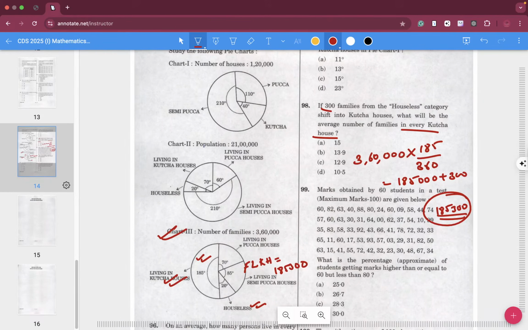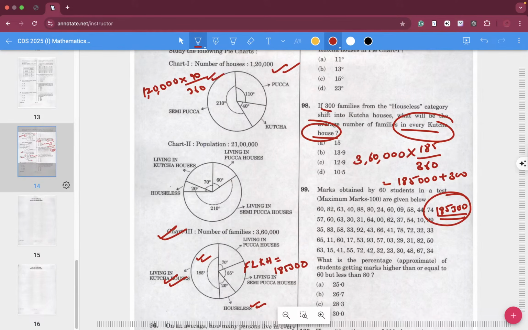What is the average number of families living in kacha houses? So how many kacha houses are there? Kacha houses are 1,20,000 into 40 by 360. So these many kacha houses are there.